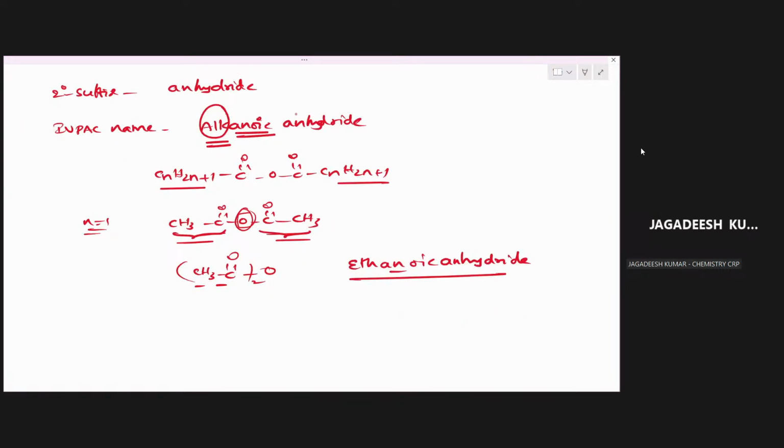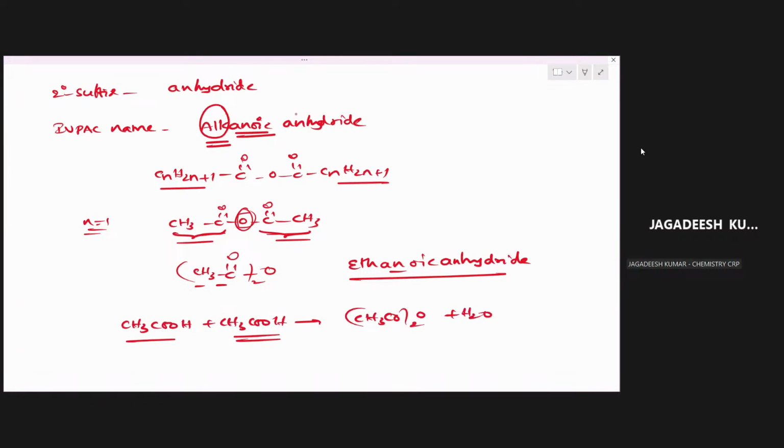Why are we writing ethanoic only? Even though both sides have 2 carbons, we consider only 2 carbons because this anhydride is formed from acids. If I am taking acetic acid and another mole of acetic acid, 2 acids combine to form anhydride along with water.